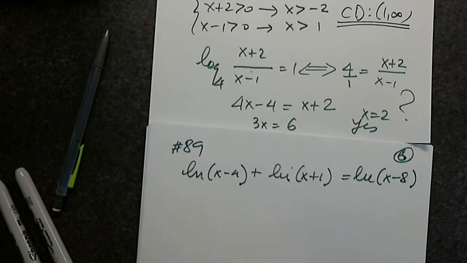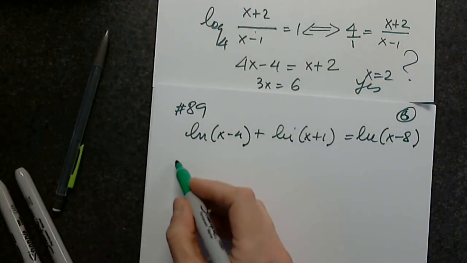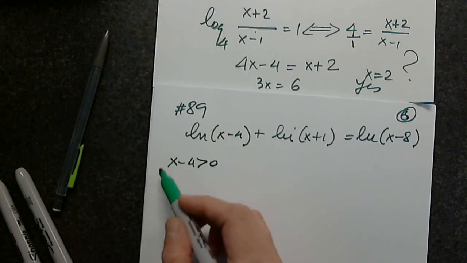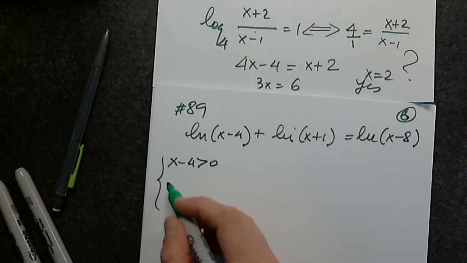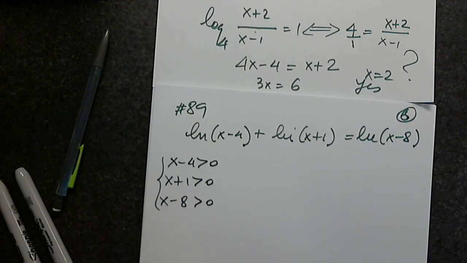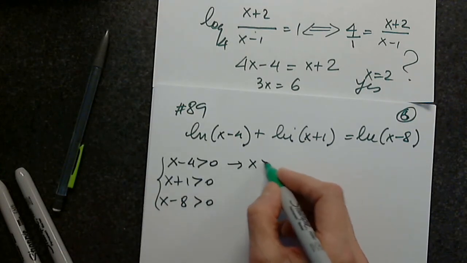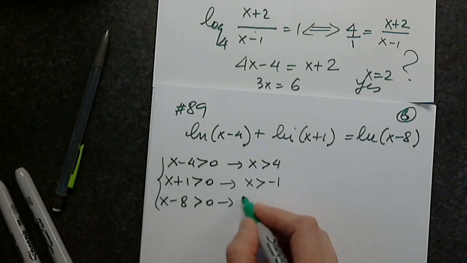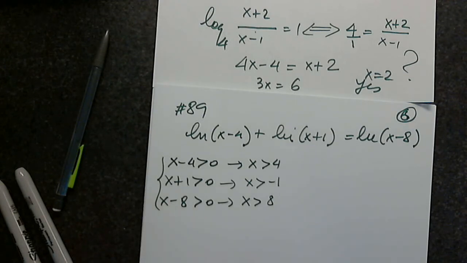For the first one to exist, I will have to write x - 4 > 0, otherwise log does not exist. For the second one, I have to write x + 1 > 0. And for the last one, x - 8 > 0. The first one says x is greater than 4, the next one says greater than -1, and the last one says greater than 8. Greater than -1, greater than 4, greater than 8.